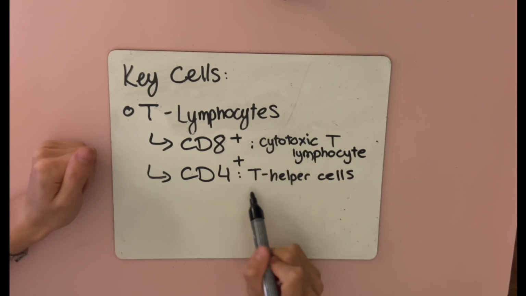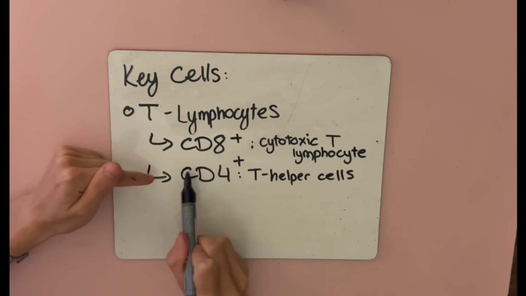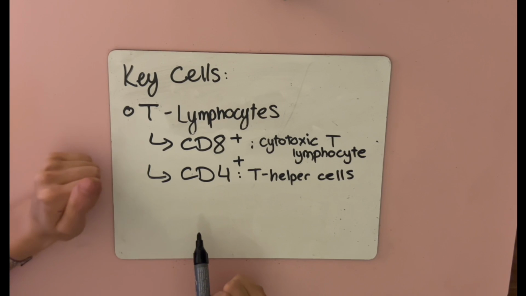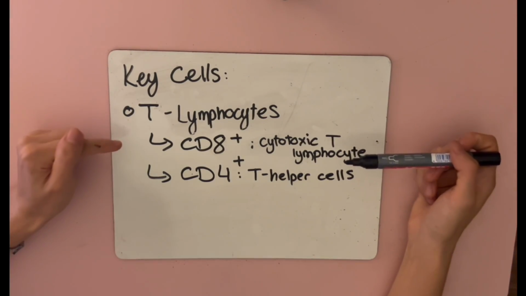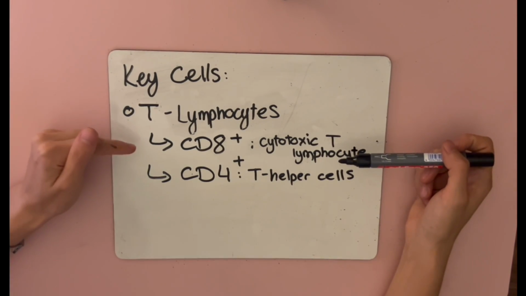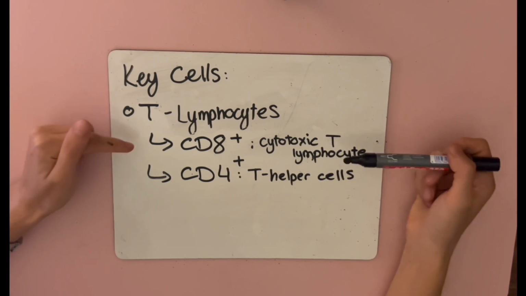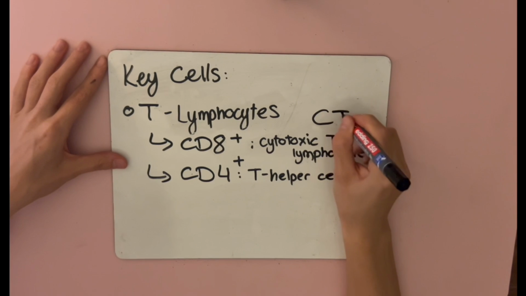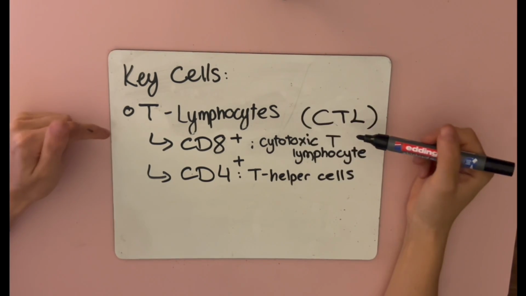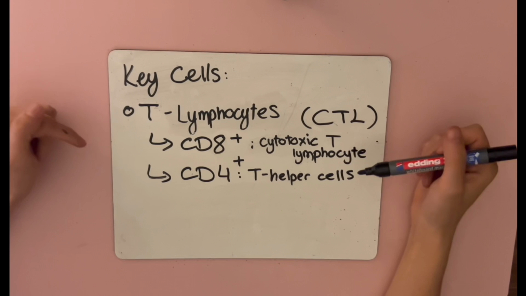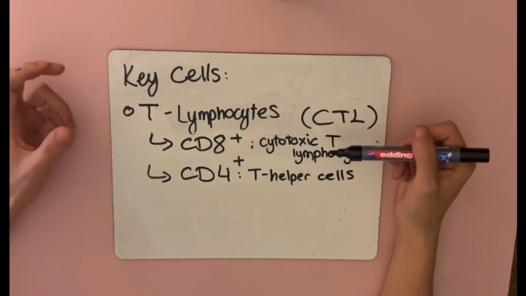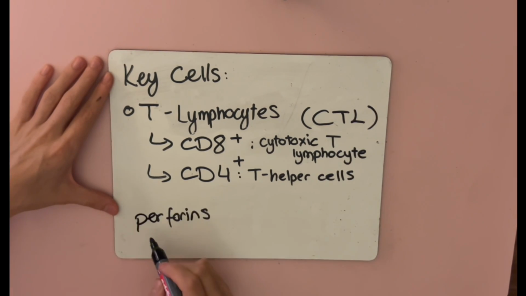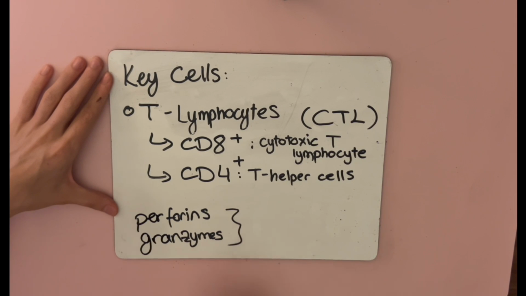That means that the T cell possesses a CD4 receptor. If the T cell possesses a CD8 receptor, we call it a cytotoxic T lymphocyte, a CTL in short. These can kill virus infected or transformed cells by releasing perforins and granzymes to trigger apoptosis.